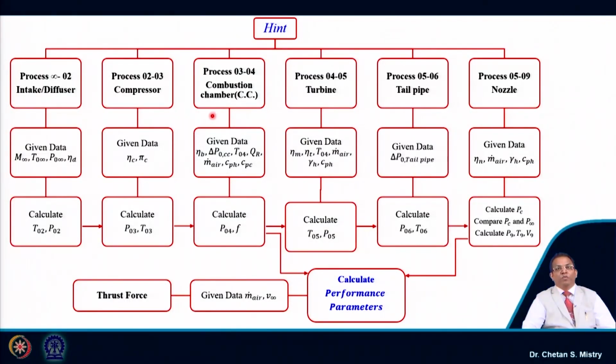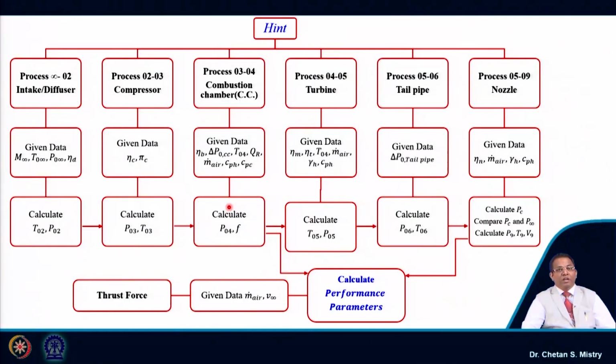The next process is our combustion chamber, for which we are given the burner efficiency, pressure drop, calorific value, mass flow rate, and the exit condition from the compressor, which will be the entry condition for my combustion chamber. So, we will calculate my pressure and fuel air ratio.